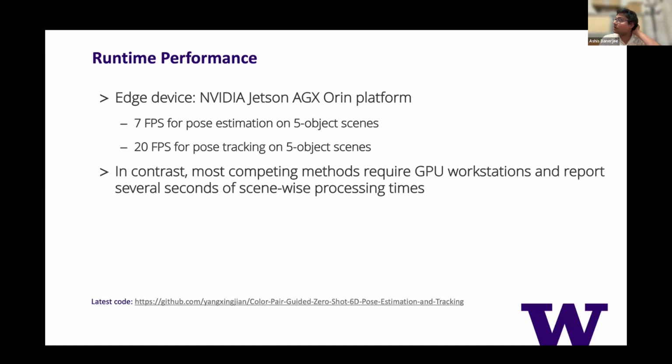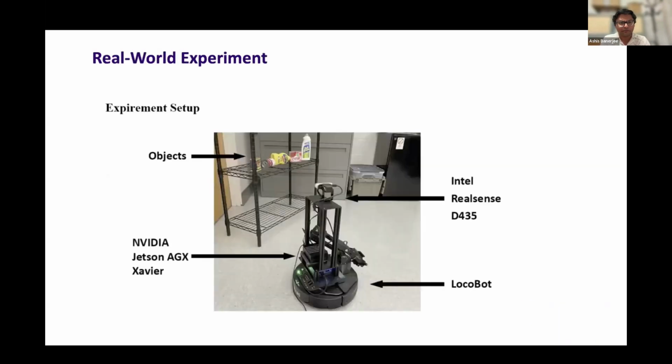And once the estimation is done, the pose tracking is actually even faster because it can reuse a lot of the information, temporal coherence and all, from the previous frames. So it is definitely deployable on commodity robot platforms. That was the main target that we had initially.